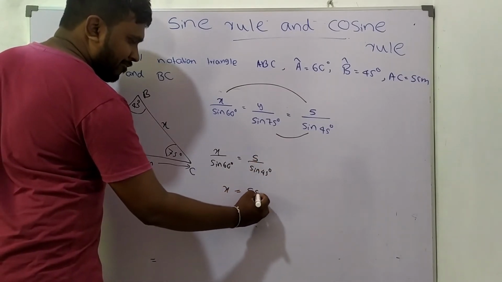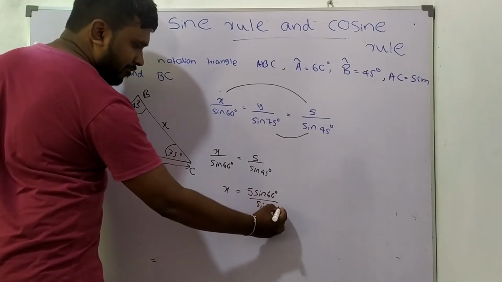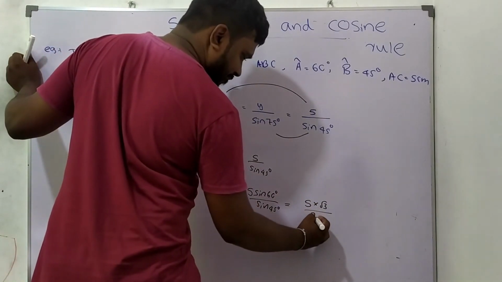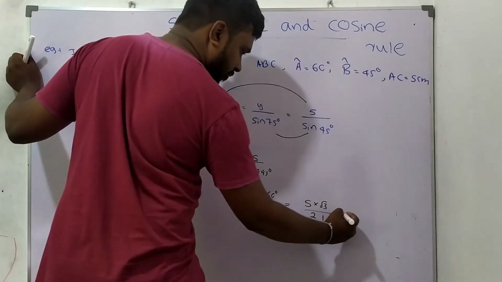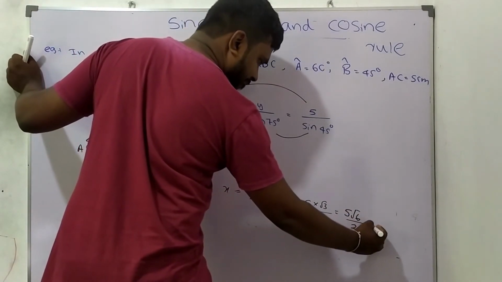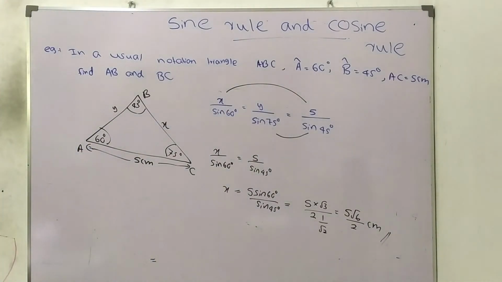So x equals 5 sine 60 over sine 45. You can substitute the values: 5 root 6 over 2 centimeters, right? So x, the BC side, is 5 root 6 over 2.